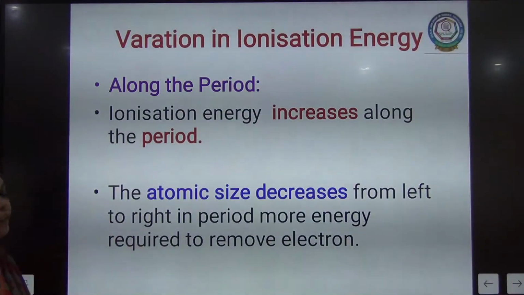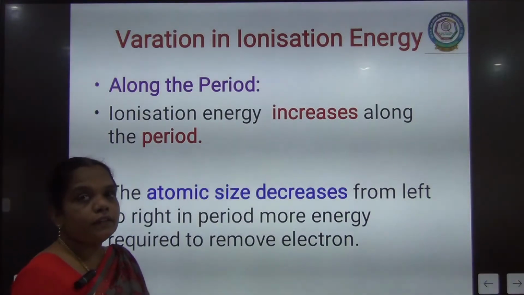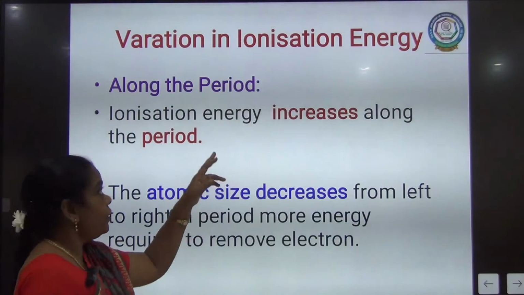Why is there a difference in the ionization energy?